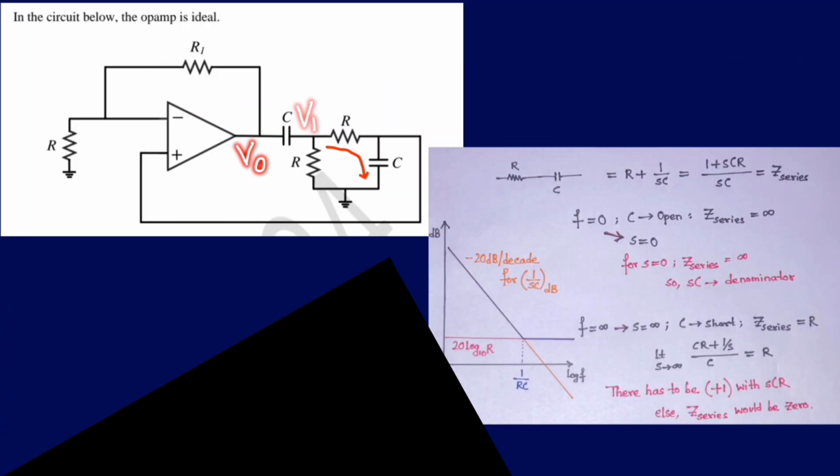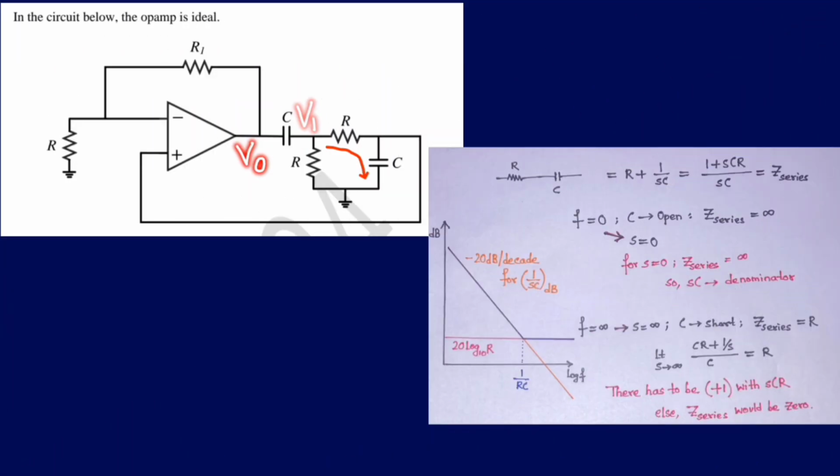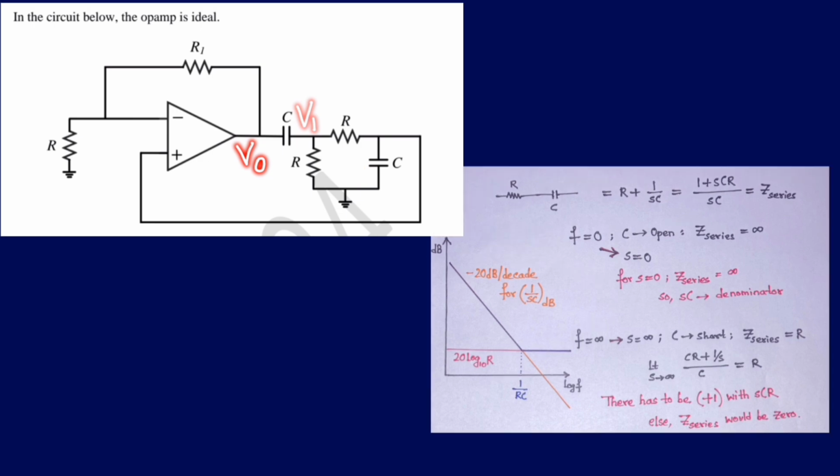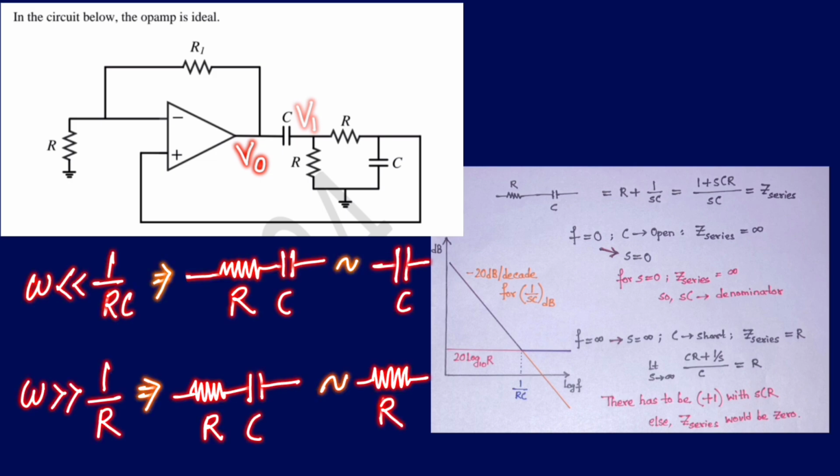If we consider this path, then from node V1 there is an R and C, these two are in series. If we compute the impedance of this series R and C, then, in an asymptotic Bode plot, when the angular frequency omega is much lesser than 1 by RC, it behaves more like a capacitor and the maximum voltage appears across the capacitor.